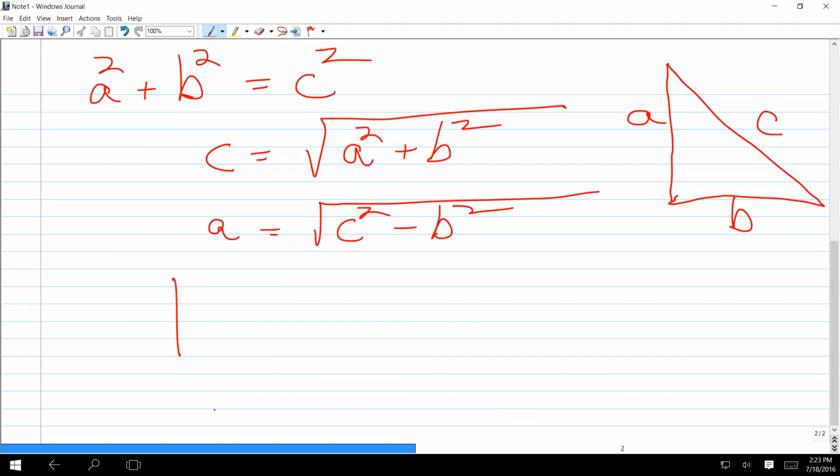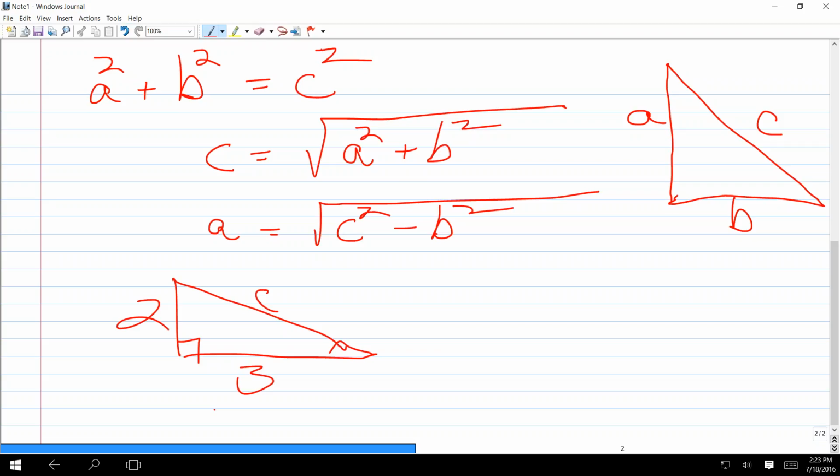How about this one here? Notice I don't know any angles here. In other words, it's definitely not a 30, 60, 90, and it's not a 45, 45.